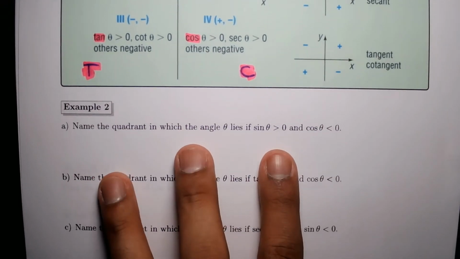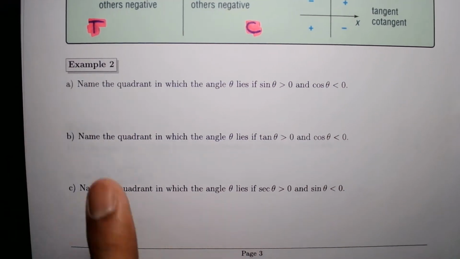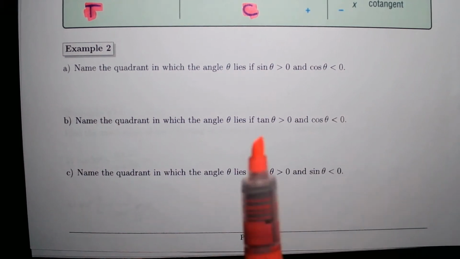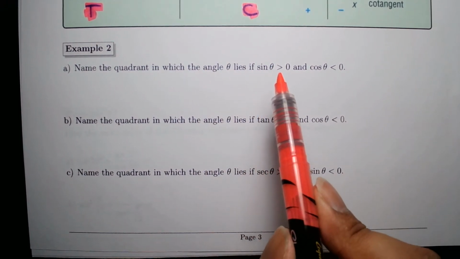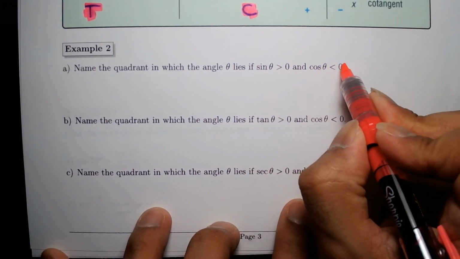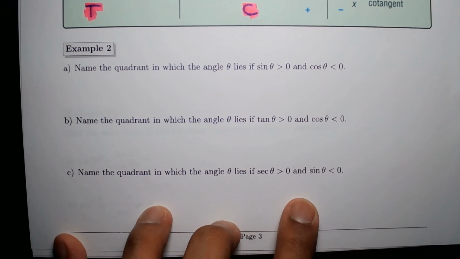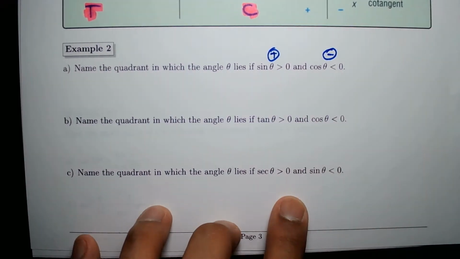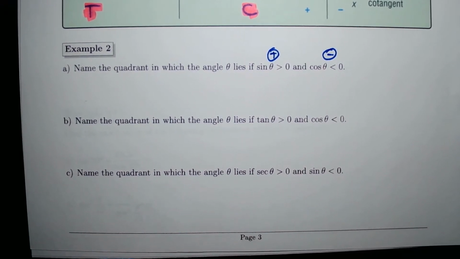Let's look at an example: name the quadrant in which the angle theta lies if sine is positive and cosine is negative. Greater than 0 means positive, and less than 0 means negative. We look for a quadrant in which sine is positive.